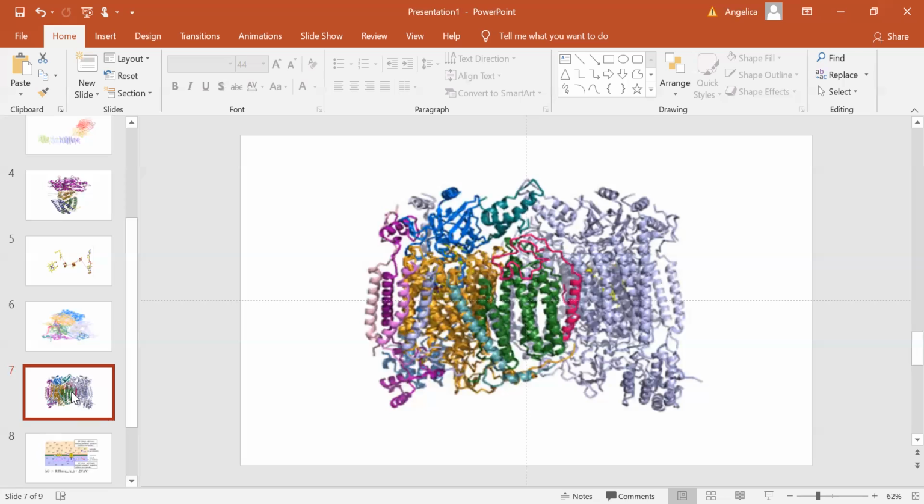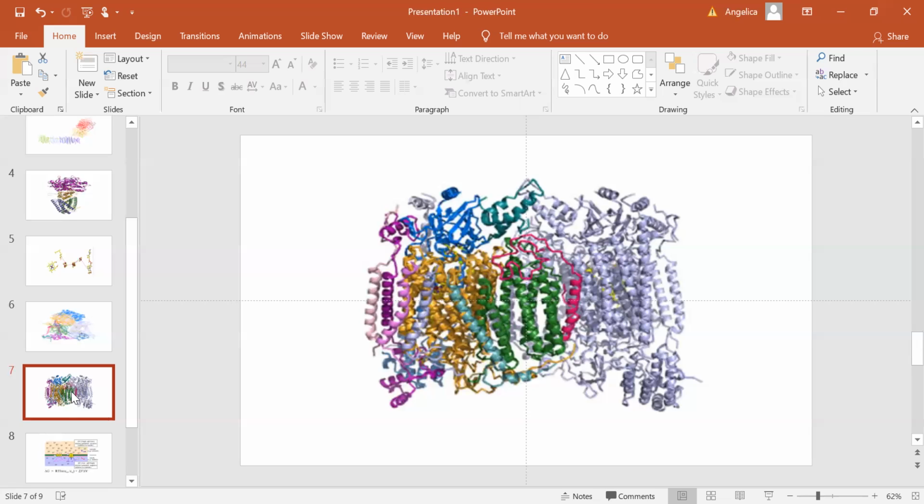Step 1 is the upward arrow. This generates the free energy of an electrochemical gradient, specifically a proton gradient or a transmembrane pH difference.